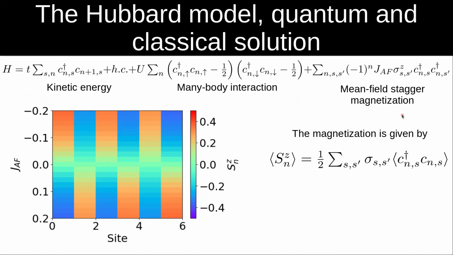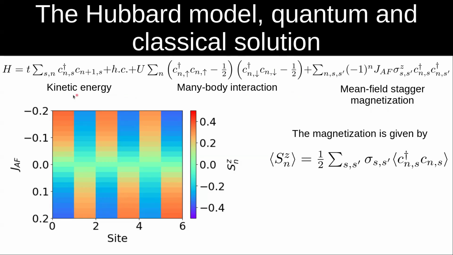So this term at the end is effectively the single particle term that you would have gotten if you solved the Hubbard model using mean field theory. So in particular, if you remove the many-body interaction, you can think that kinetic energy plus the staggered magnetization is effectively the mean field Hamiltonian that you would have gotten.